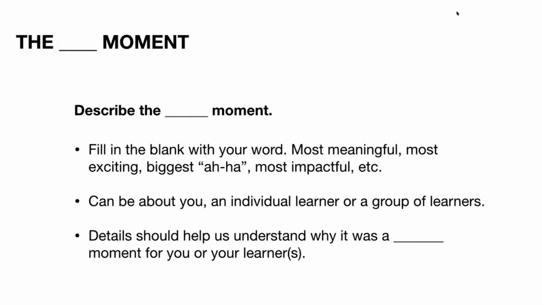So if you had a particular team of learners who were working hard on something, and they broke into groups and they broke down their job descriptions on their own or something like that. It might be a team of learners. So any details that you share should really help us understand why that moment was important. But without giving us like every detail of the step-by-step, but we should kind of understand the main points of the action and the moment.